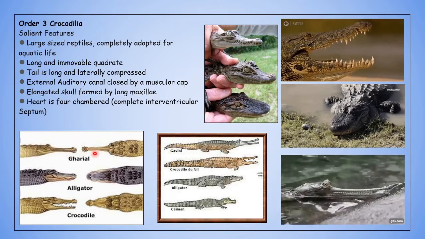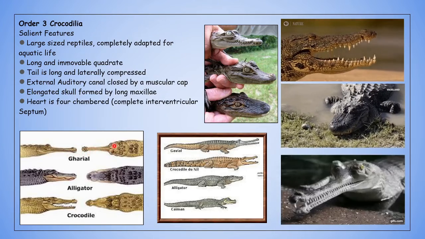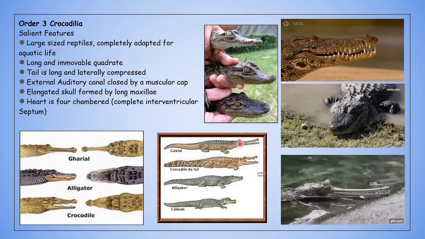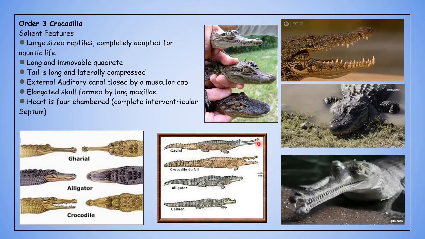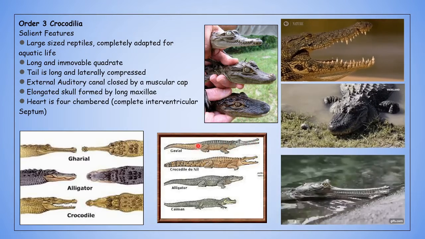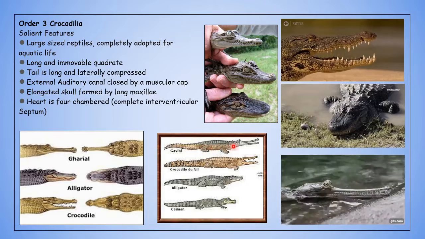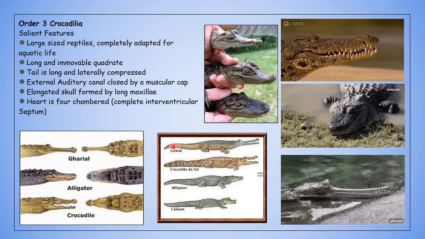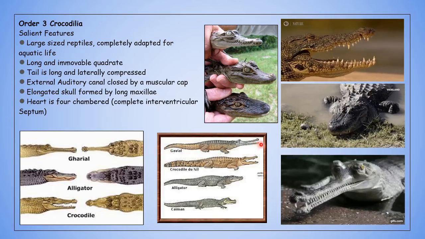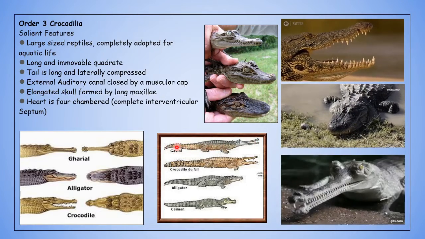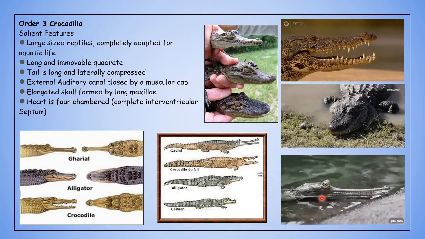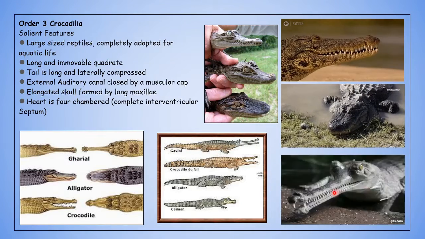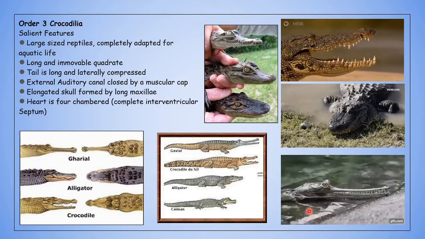Coming to their size, they are considered to be the longest of the crocodilian family, growing up to 14 feet, the maximum size reported. They are distinguished from the other two groups by their very long and slender snout.